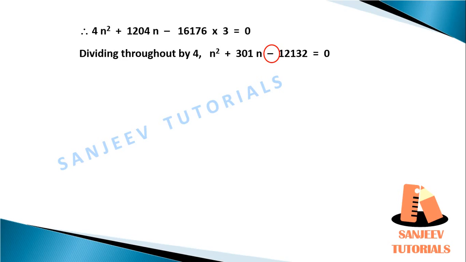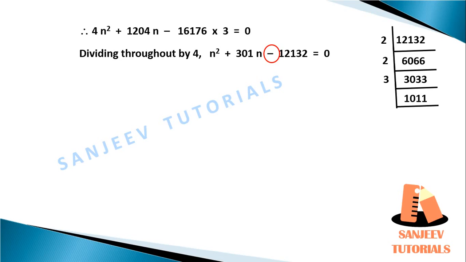If you observe in this quadratic equation, the last term has a minus sign, which means you have to find two factors such that on subtracting them you should get 301. So let us start with the prime factorization method of the last term, 12,132. Divisible by 2, I get this, divisible by 3, again divisible by 3.